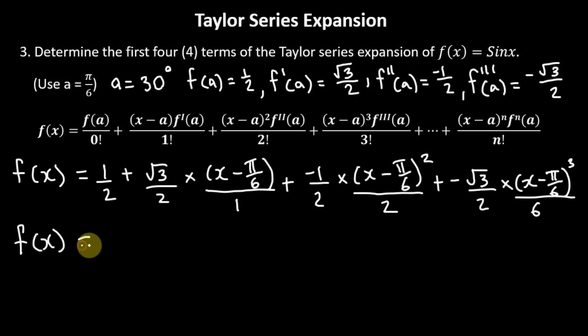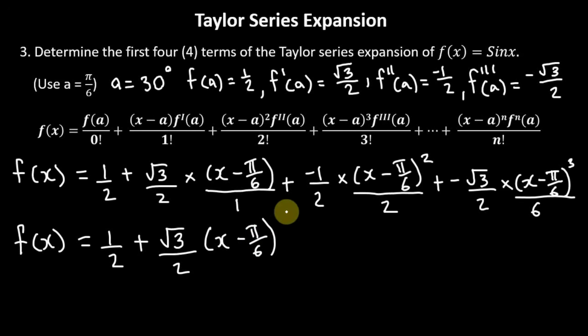And of course guys, we can clean this up a little bit, as I always like to say, so it looks a whole lot more presentable. So let's keep the half here, plus of course we have root 3 times the bracket here, so root 3 times x minus pi over 6 in bracket. And of course, once we have an addition and a minus sign here, the combination of both signs is always equivalent to a minus sign. So we'll have minus, of course, 2 times 2 is 4.